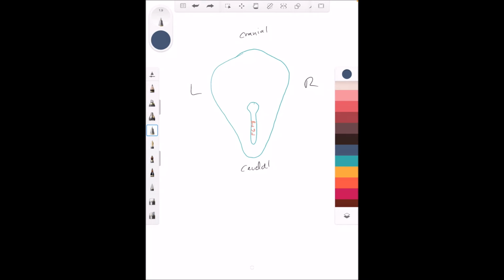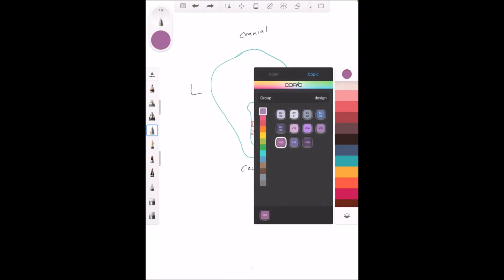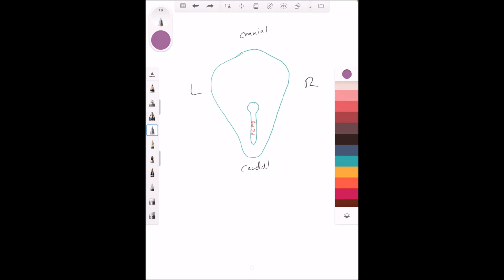What this current is going to do is lead to a slight accumulation of a protein called nodal. Actually, we already talked about nodal. That's the same nodal from before, the purple one that I was doing before. So it's going to lead to an accumulation of nodal over here on the left side.